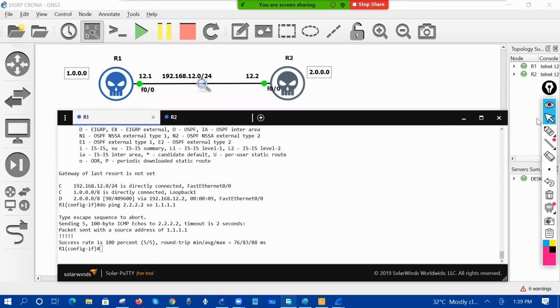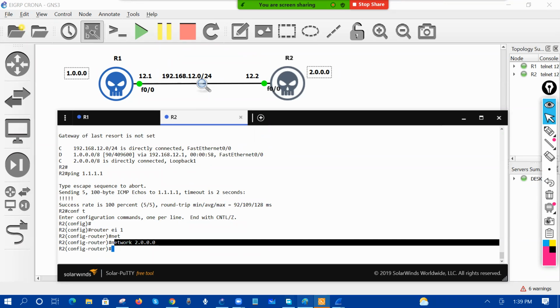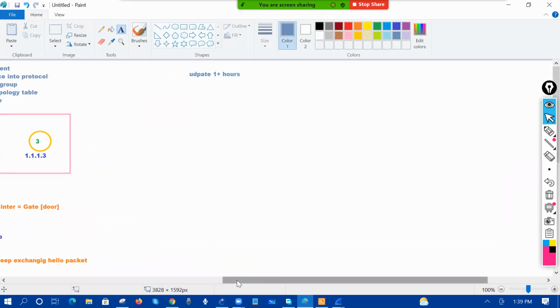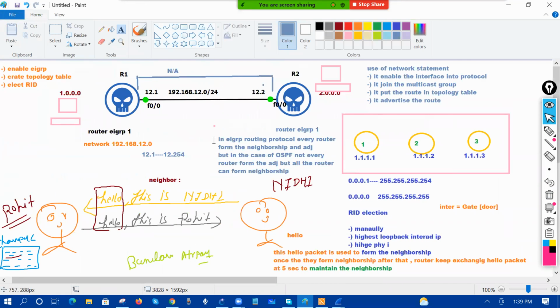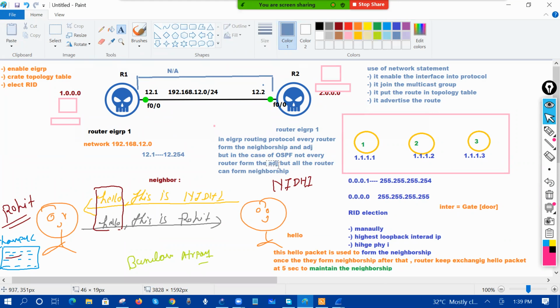Can we go back to the OSPF and EIGRP, the one that you typed in there? Okay. There in EIGRP every router forms neighborship, but in the case of OSPF, not every router, but all the routers can form, sorry, adjacency. This is the point.